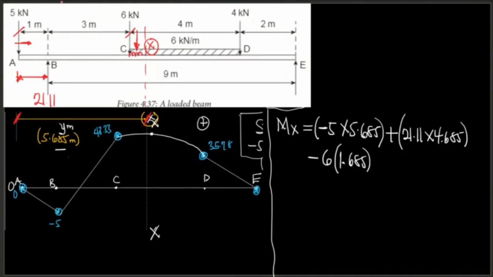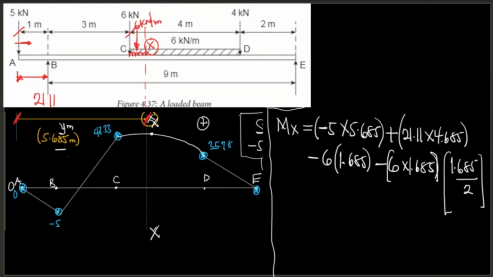Then there is another force in between here, because there is another UDL here, remember. This is still 6 kilonewton per meter. So that distance there is 1.685. So it's going to be minus 6, let's say the force is 6 multiplied by 1.685, multiplied by 1.685 over 2, because it's acting at the center.